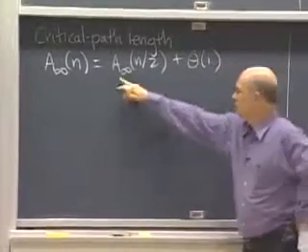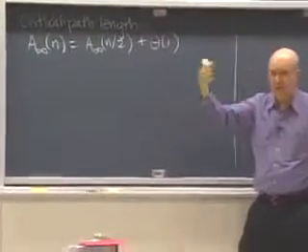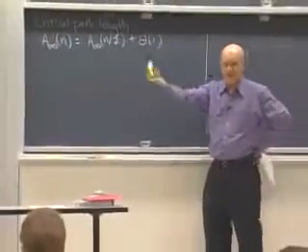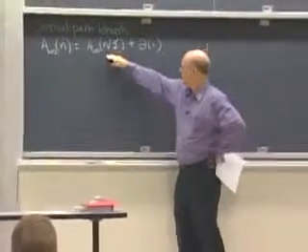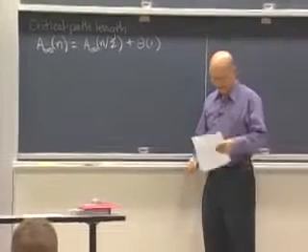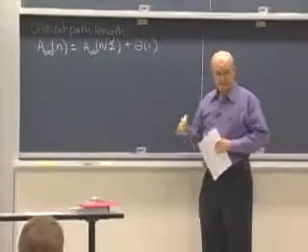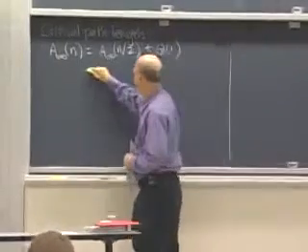Because this is the worst of any of those 4, because they're all the same. They're all looking at the critical path of a problem that's half the size. Okay, people with me? So what's the solution to this?